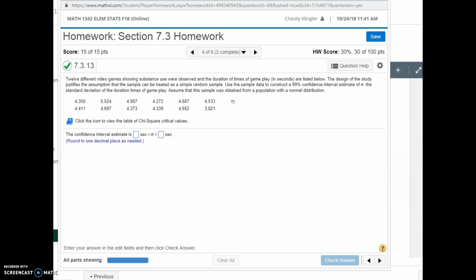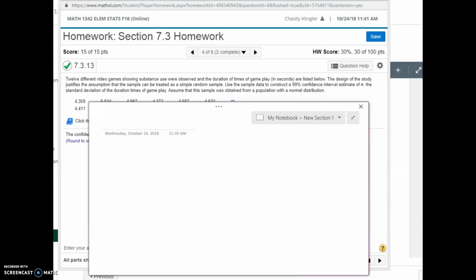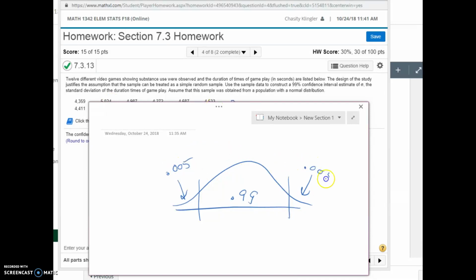So remember, if I've got a confidence level of 99, your alpha is 0.01, and when you divide that in half, you get 0.005. So that's what I'm going to use in my area on StatCrunch.